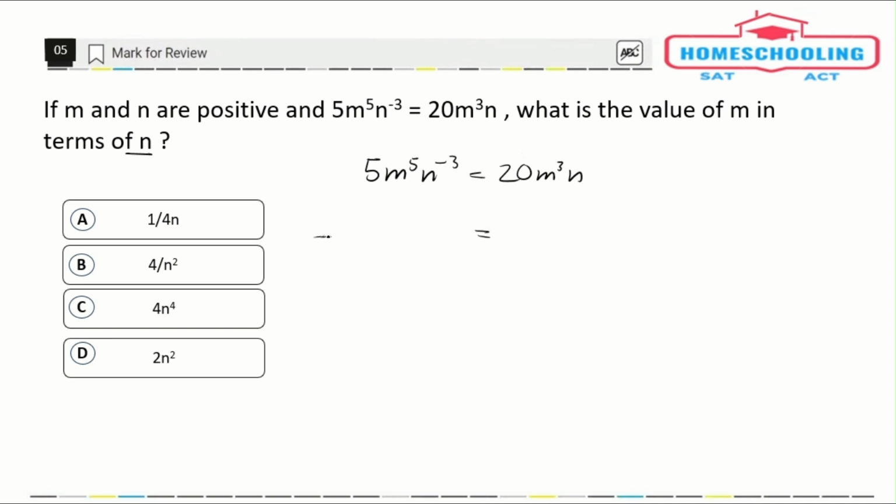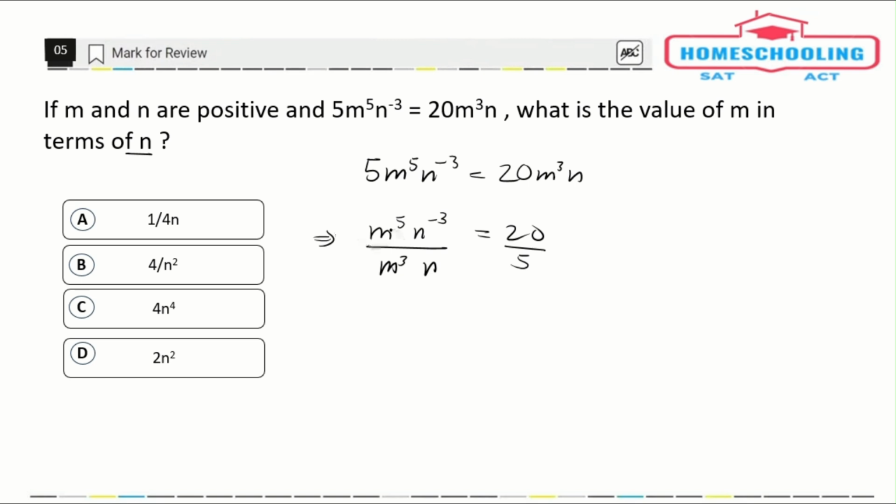So m to the power 5 and n to the power minus 3, and we will cross multiply this. We'll take m and n on that side, that is in the denominator. So m cube and n is equal to 20, and this 5 will come in the denominator.